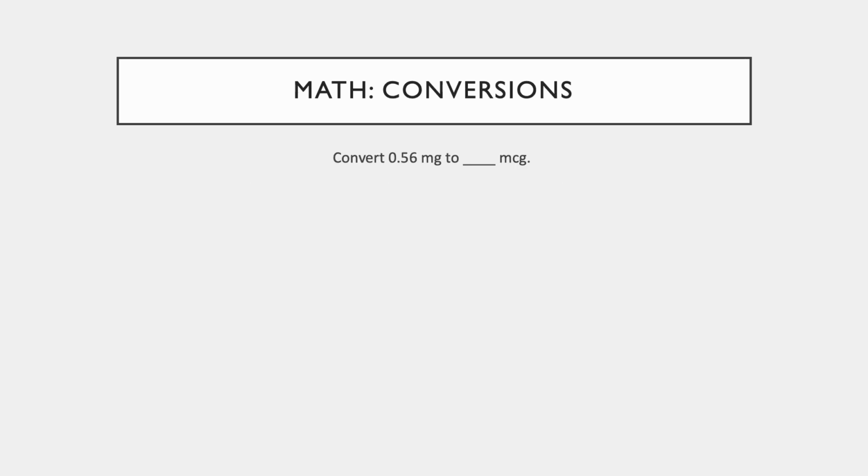Okay, convert 0.56 milligrams to micrograms. All right, so we're going from milligrams to micrograms. Milligrams is bigger, so milligrams is over on this side, and micrograms is tiny, so micrograms goes on the tinier side. Much like numbers, we go 1, then 0, and then we go to -1.